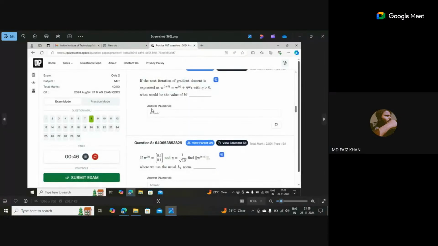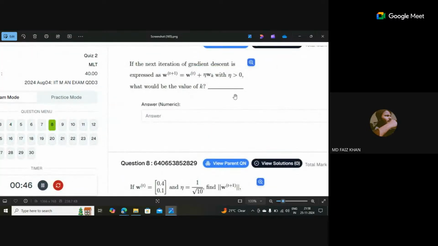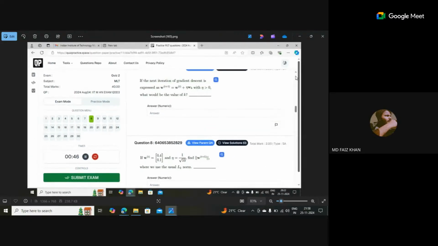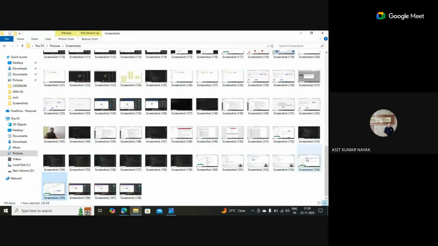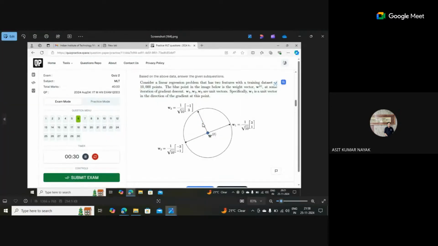Yeah, the first one. If the next iteration of gradient descent is expressed as, what would be the value of k? It will be 2, because here the sign is positive. Actually, it should be negative, so for that we have to take the opposite.